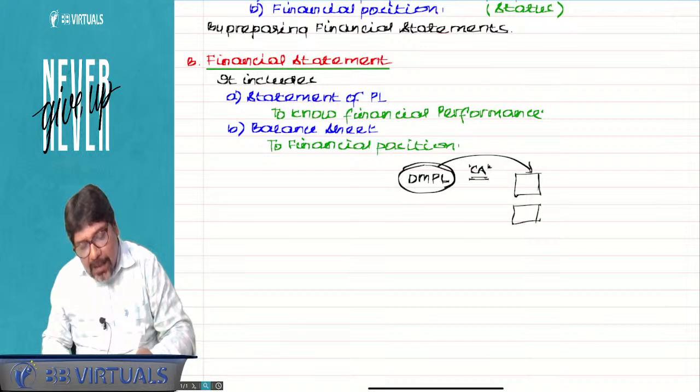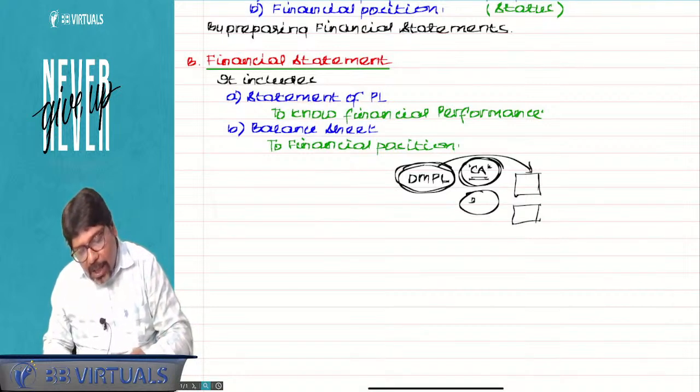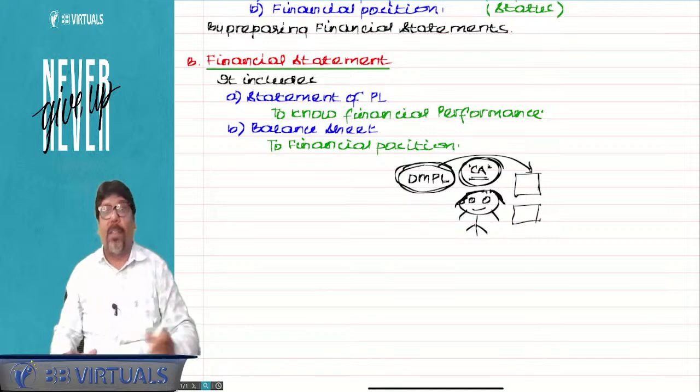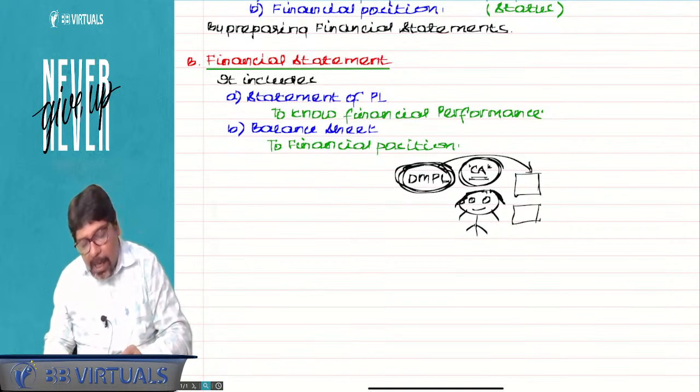Remember, there is an organization whose financial statements are prepared by a chartered accountant. Chartered accountant means you people, boy or girl, you decide. But anyway, we can have a common hairstyle for both. Correct? So Dipesh Majithia Private Limited's P&L and balance sheet will be prepared by a chartered accountant.